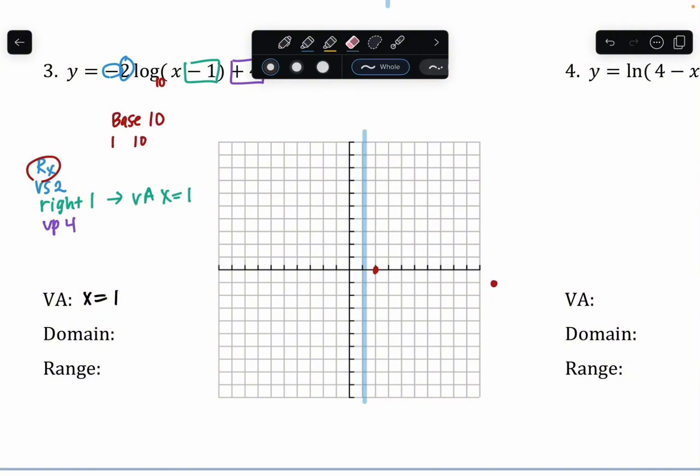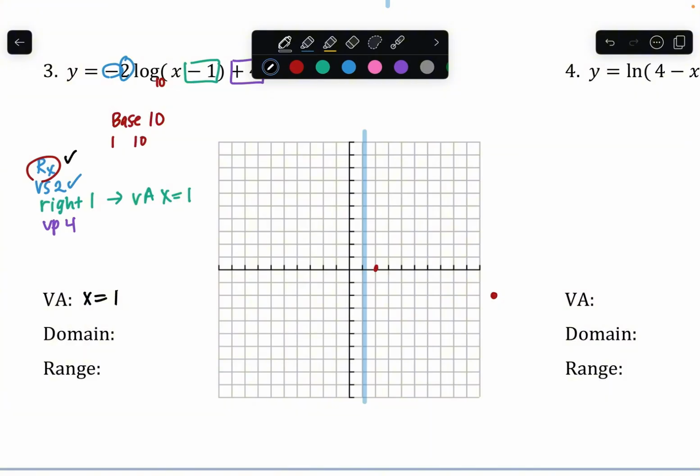The x-intercept doesn't move. It still stays on the x-axis because we reflected over the x-axis. So the x-intercept stays. That's why it's important that you do your reflection and then start translating up or down, because now we can take care of the vertical stretch by 2, which means our points are 2 vertically away. And so we need to move this a distance of 2 away from my original point.